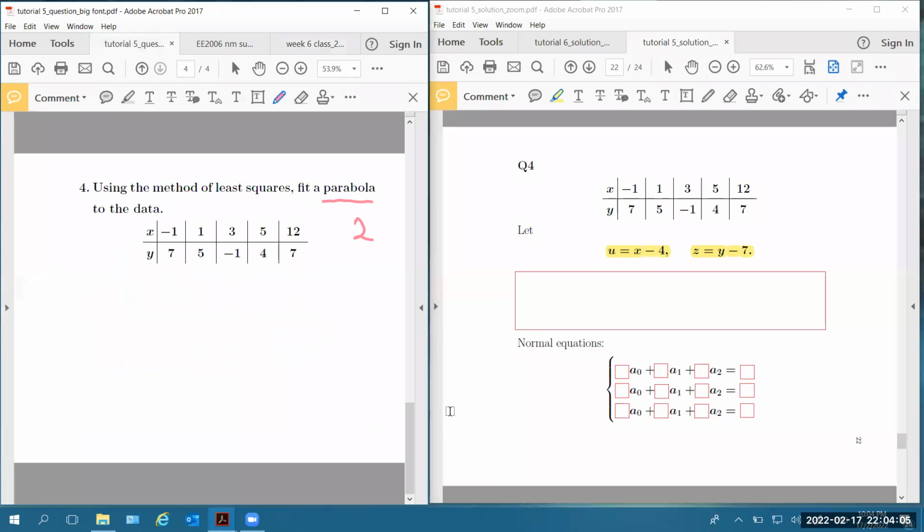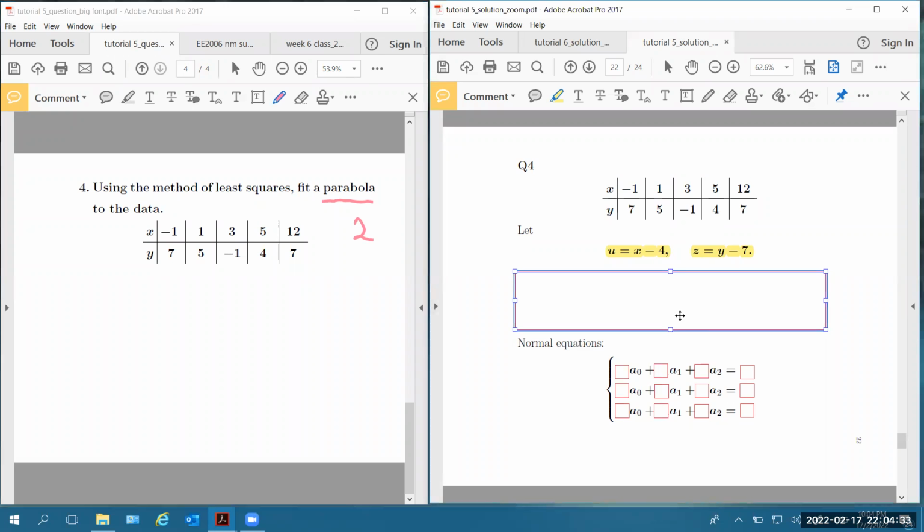But here, let me show you a different method where I do a translation. I translate the x: I put x minus 4 and call this u, so u is like my new x. And my y, I also translate: I put y minus 7 and call this z, so z is like my new y.